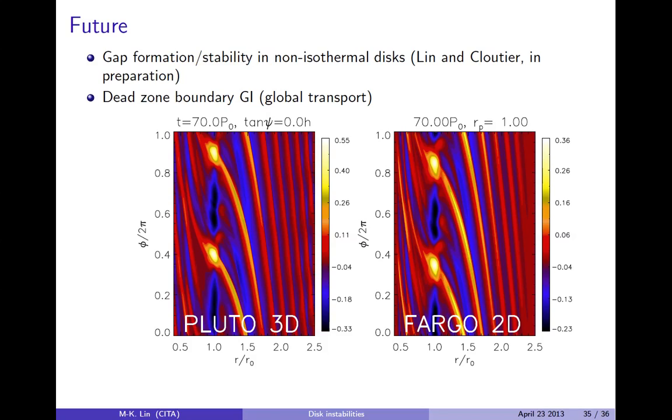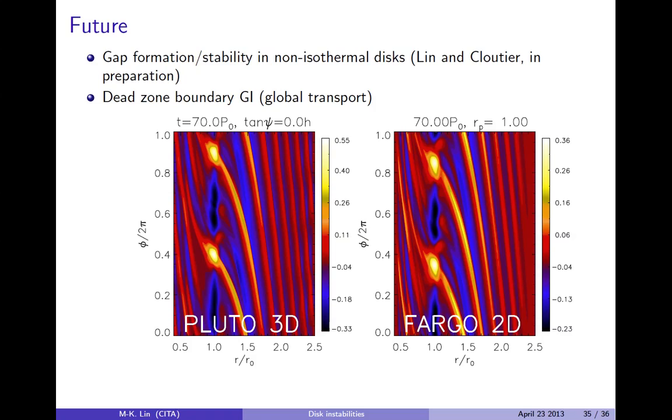And it's very interesting to think about, because these are intrinsically very global instabilities, right? The spiral arm extends throughout the entire disk. So it's interesting then to ask, do I get any kind of global angular momentum transport? That's quite interesting. But this is actually very preliminary.